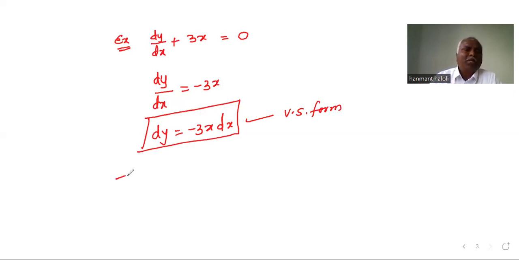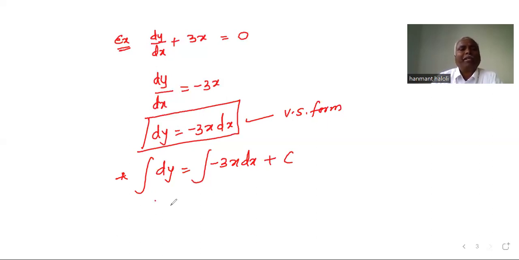Now once you have variable separable form, integrate both sides. Integral of dy is y, equal to minus 3 into x square upon 2, plus an arbitrary constant.